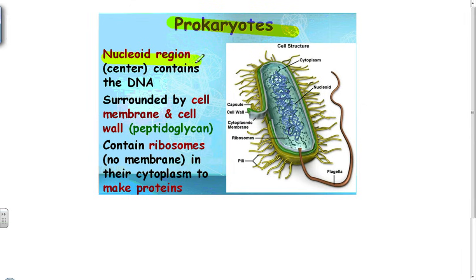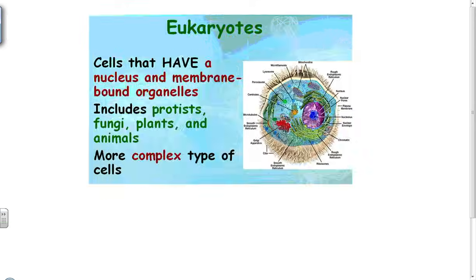It has a nucleoid region that represents the DNA, the genetic material, all spread out. It is not condensed into a nucleus. It does have a cell membrane and a cell wall. It does contain ribosomes, because remember, ribosomes make proteins, so even bacteria have to be able to make proteins in order to function properly.